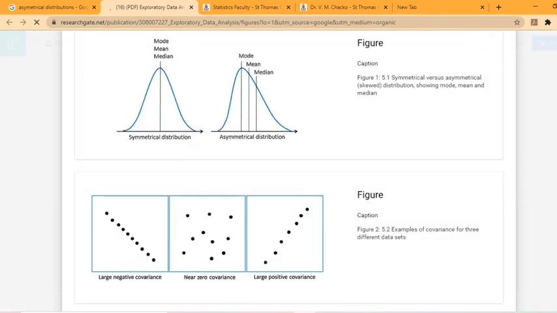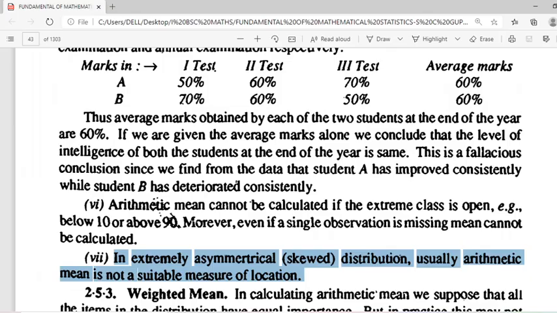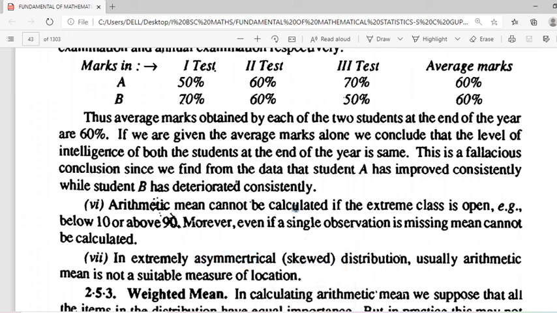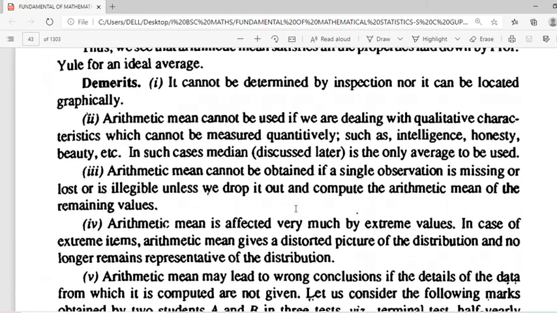When we have a skewed distribution, we cannot use arithmetic mean as a measure of location. Up to this you can write and submit in the Moodle platform.